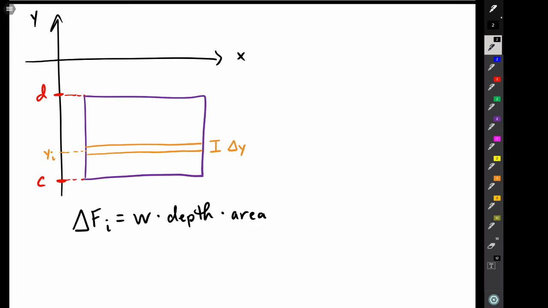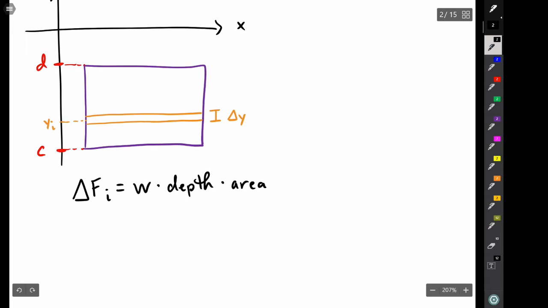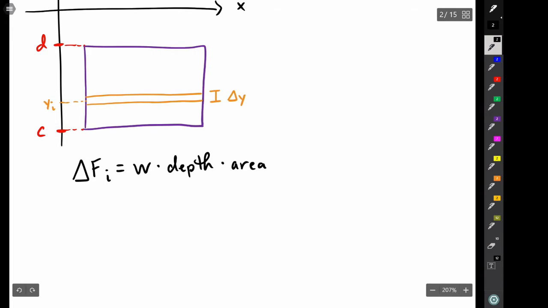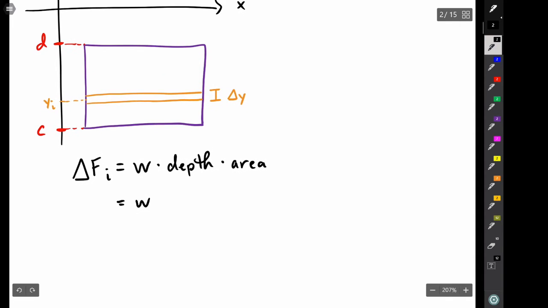Now, regardless of what kind of shape we have here, we can always approximate this strip as a rectangle. Even if the overall shape isn't a rectangle, say it's a trapezoid, we can always approximate each little strip as a rectangle. So what are we going to do here? Well, the weight density will just be dependent on whatever fluid we're submerging in.